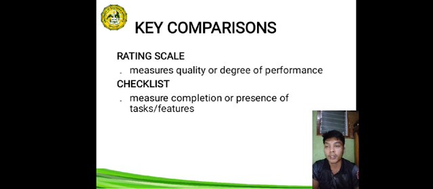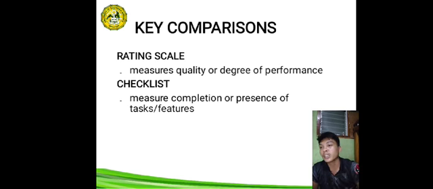It allows evaluators to assess how well someone performed and offers detailed feedback that can highlight strengths and areas for improvement. Because it involves varying levels of judgment, rating scales require evaluators to interpret and apply criteria thoughtfully.